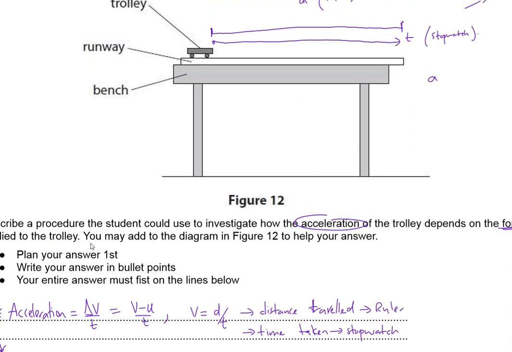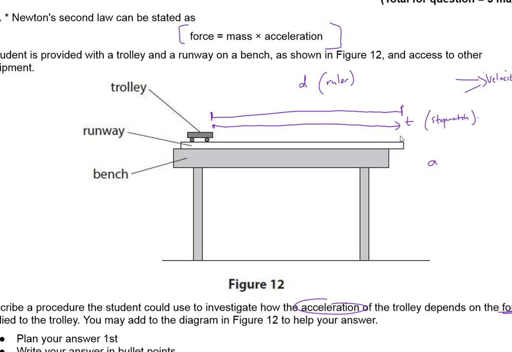So remember, when we did the practical, we had a string attached from the trolley all the way down, then we had a pulley here, and then we had the hanger to hang the mass on. So the weight pulls down and therefore it goes.